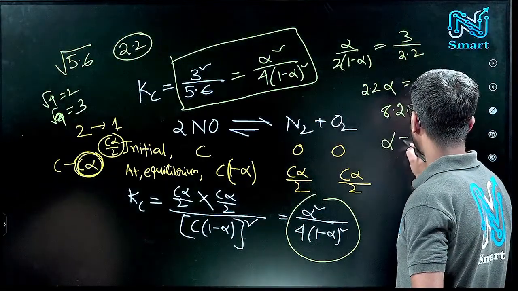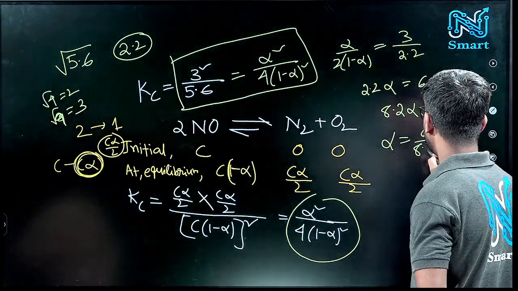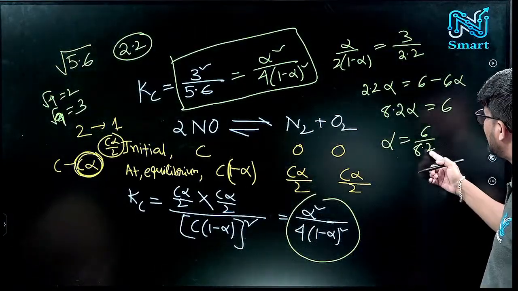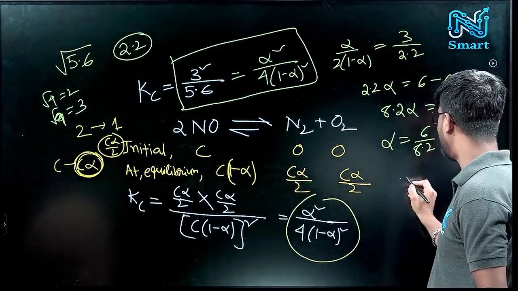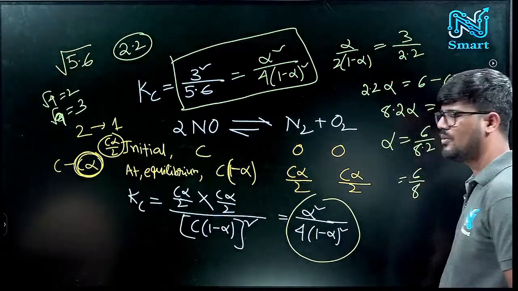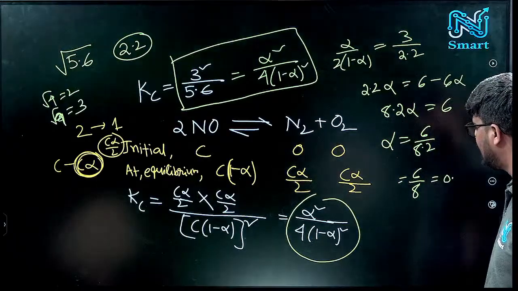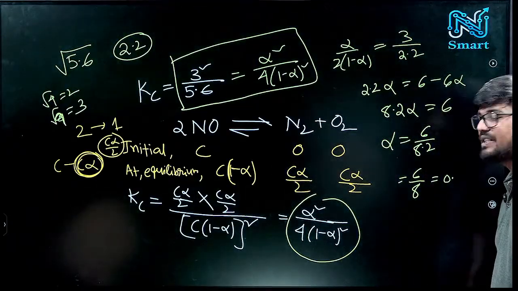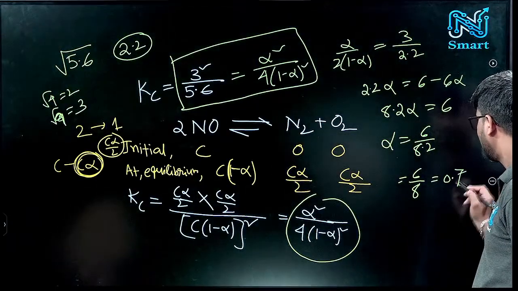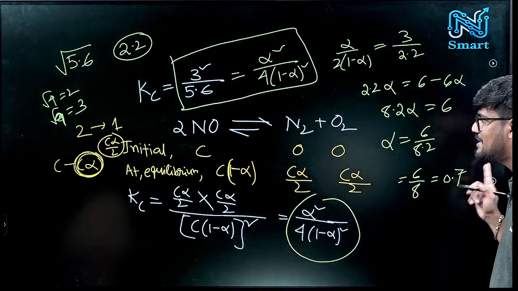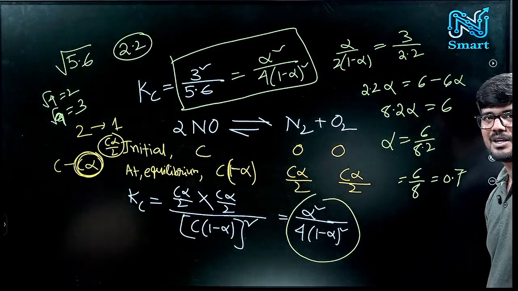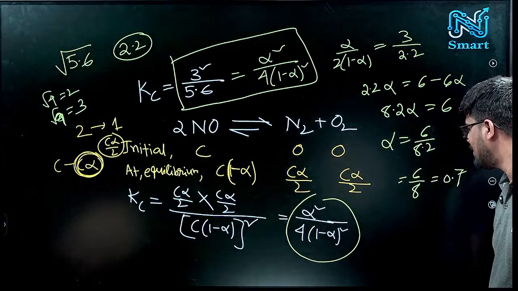So alpha will be equal to 6 by 8.2, correct? Now if you just ignore this 0.2, only 6 by 8 you need to calculate. What will you get? 0.7 something you will get, correct?